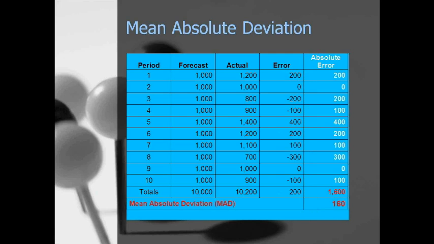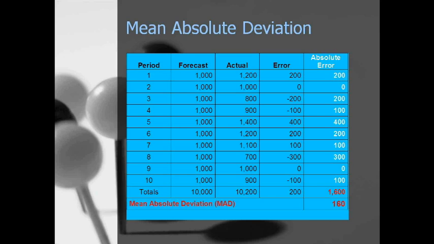Now, we need to talk about the absolute deviation. So the final column here, number 5, is the absolute deviation. Notice it strips off the plus or the minus signs on each of the 10 periods, gives us the number of variation. We total that up at the bottom, and it comes up to 1,600 deviations over the course of that 10-month period of time.